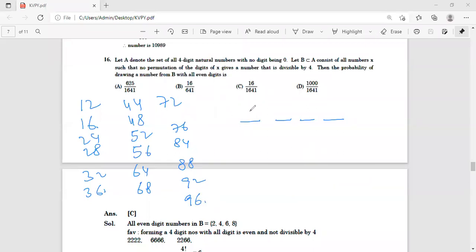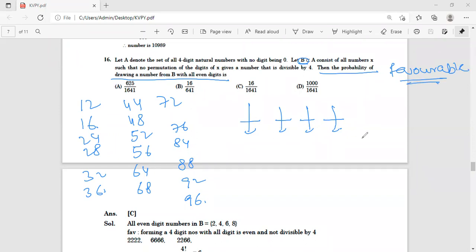Now see, there is a possibility all numbers are odd numbers. I am finding set B first, all possibilities. Then probability that drawing a number from B with all even digits, that is favorable case. So favorable I will talk a little later. I am finding all the possibilities.